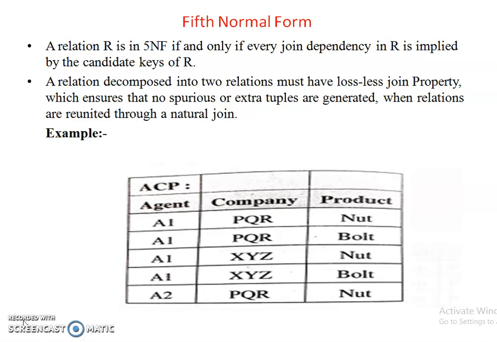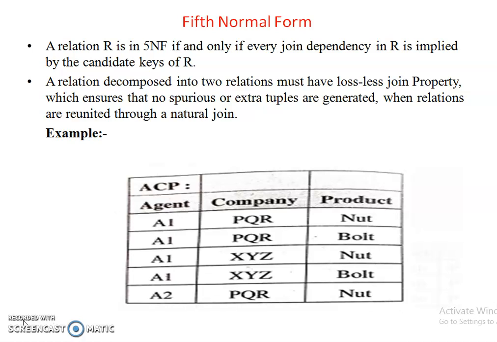It means that a relation R is in fifth normal form if and only if the join dependency in R is implied by the candidate key of R, and a relation decomposed into two relations must have the lossless join property, which ensures no extra tuples appear in the natural join.